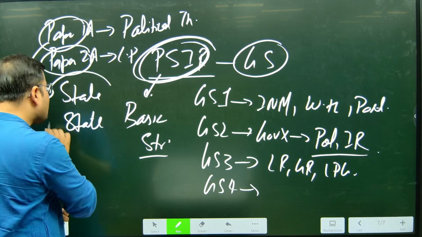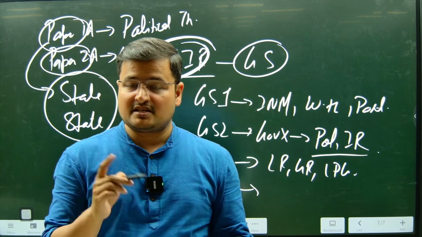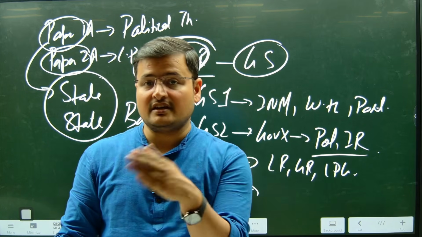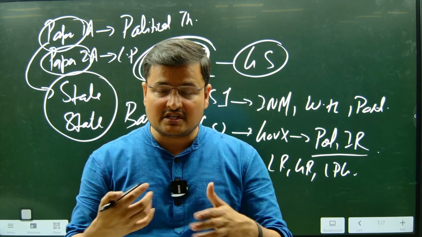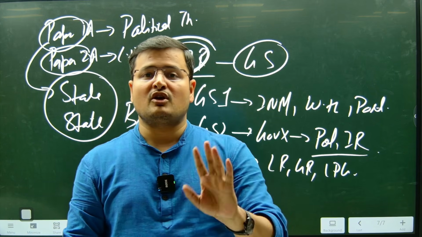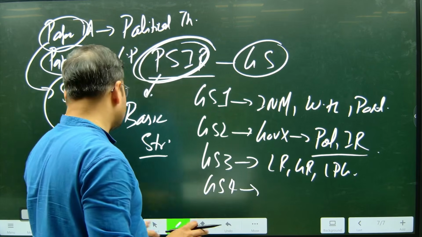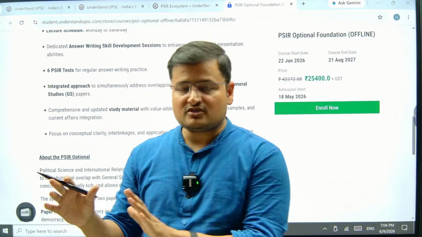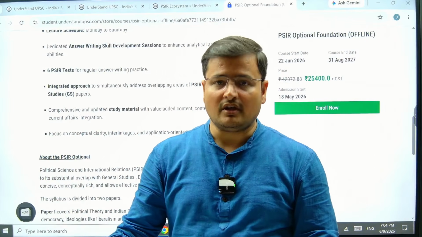So we will integrate these two topics. Similarly, in Paper 2, we have to study nuclear deterrence, India and the nuclear question. We will club it together so that your preparation will be helped. So we are going to utilize the tool of integration in order to finish the syllabus in a timely manner as well as optimize your efforts.